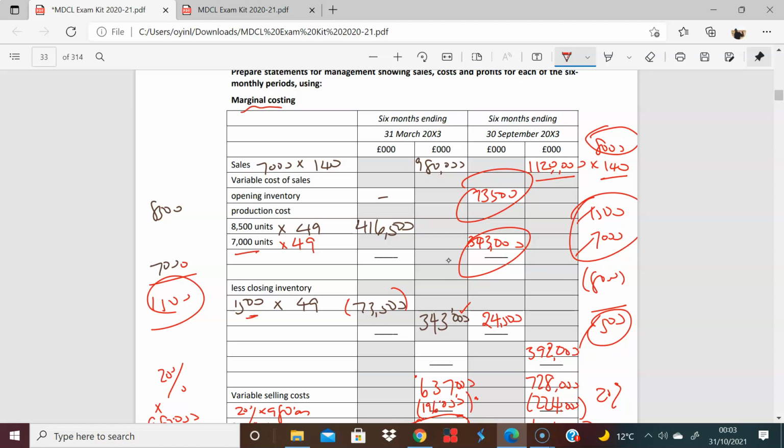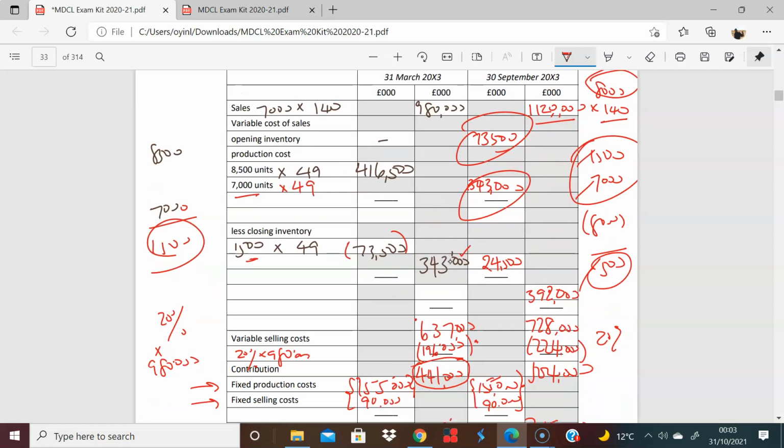So you have that times the 49, and that's your production. If you started at 1,500, produced 7,000, and sold 8,000, your closing inventory is 500. This is the 500 times 49.